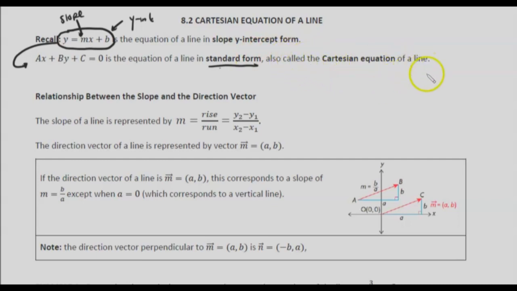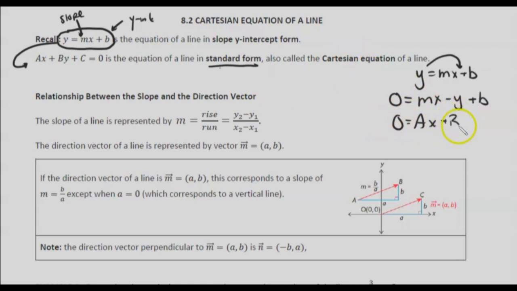If we had y equals mx plus b, and we brought over the y, we would have 0 equals mx minus y plus b. This is that standard form. This is that Cartesian equation because it's ax plus by plus c.